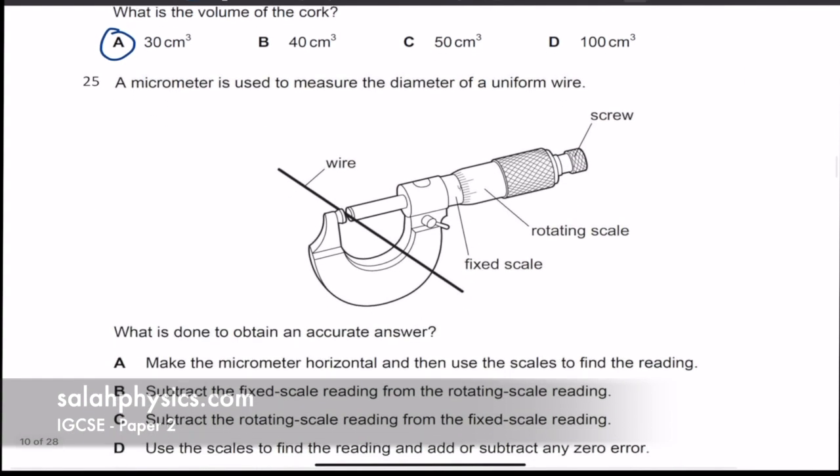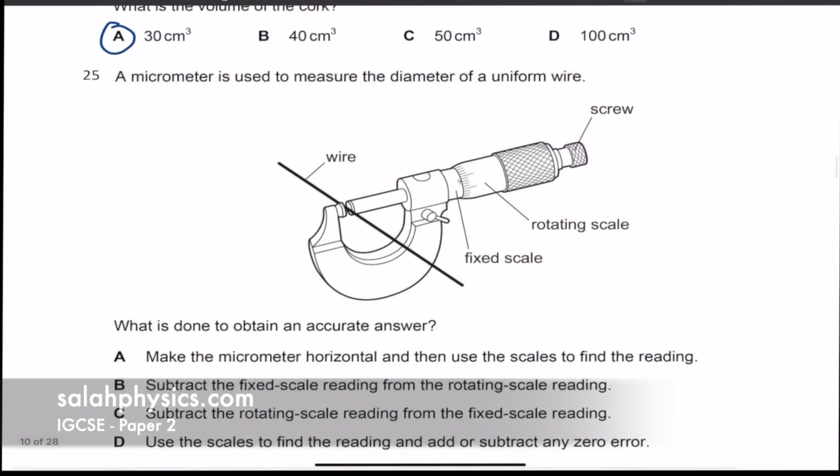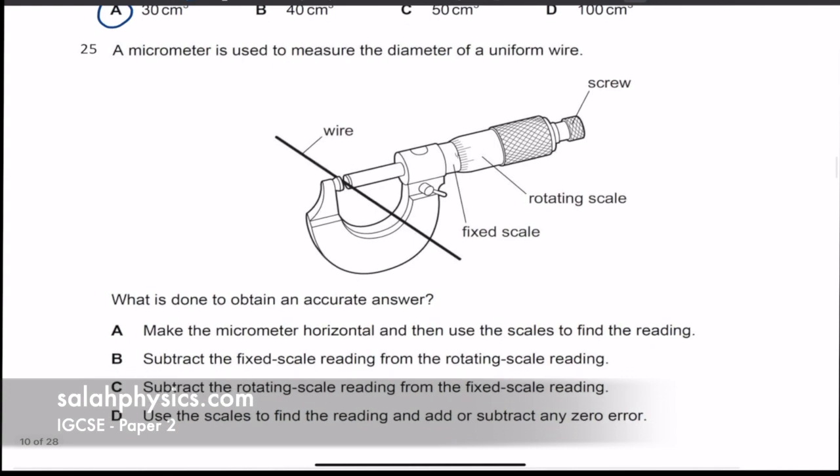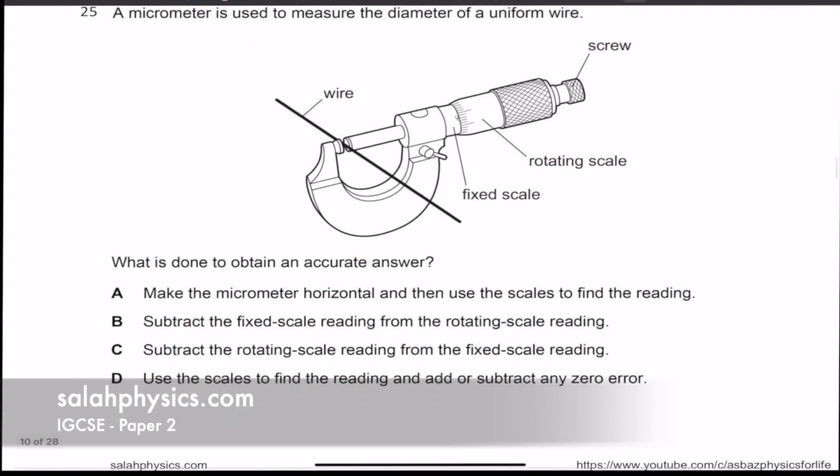The last question for today is, a micrometer is used to measure the diameter of a uniform wire. As you see here, what is done to obtain an accurate answer? Make the micrometer horizontal? No, it doesn't matter because there is no fluid. Subtract the fixed scale reading from the rotating scale reading.